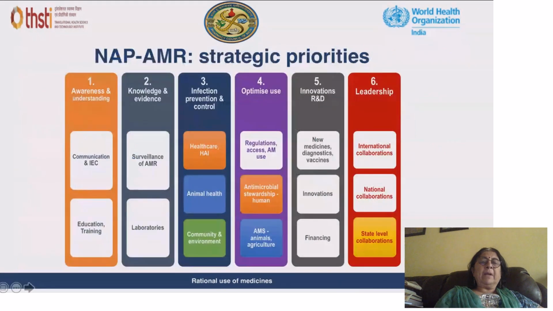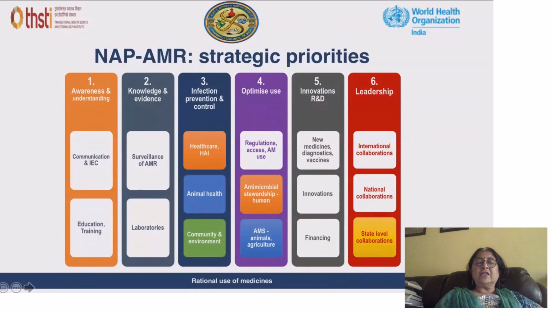Now, the AMR strategic priorities are awareness and understanding, knowledge and evidence, including surveillance of AMR and laboratories, infection prevention and control, including healthcare, animal health, and community. Because remember, animals can also lead to antimicrobial resistance because they are given antibiotics, and the flesh is eaten by human beings, and that can cause resistance in them because they get exposed to those antibiotics.